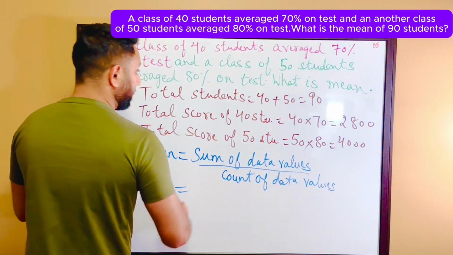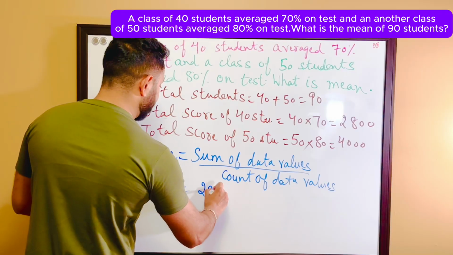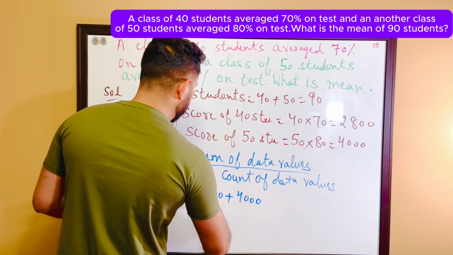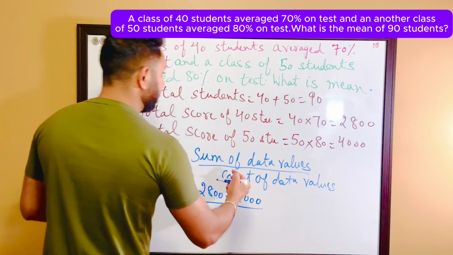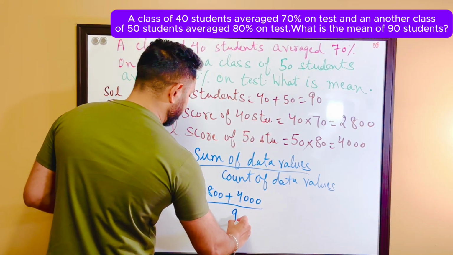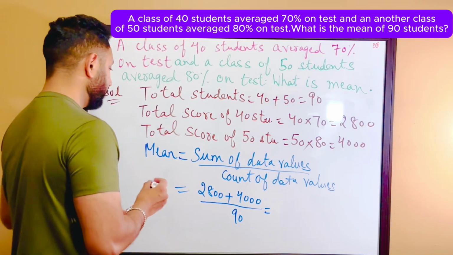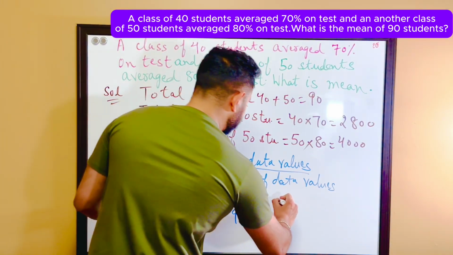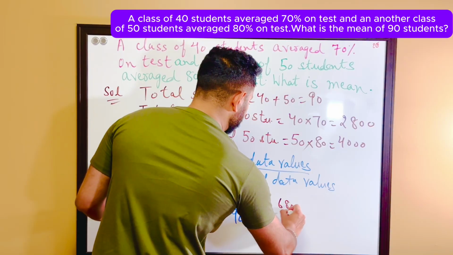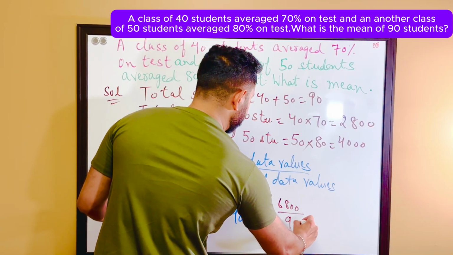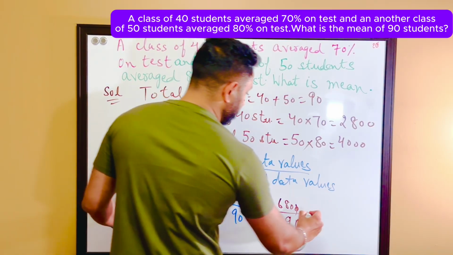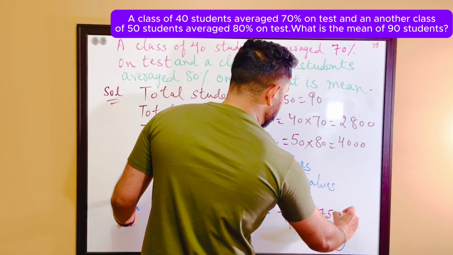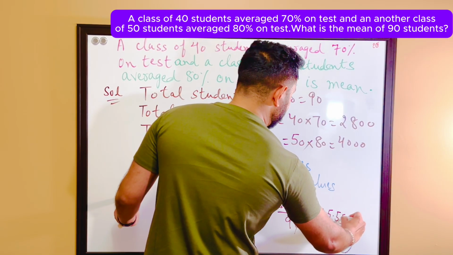So that means 2800 plus 4000 divided by 90. So 6800 divided by 90. So it comes out to be 75.55%.